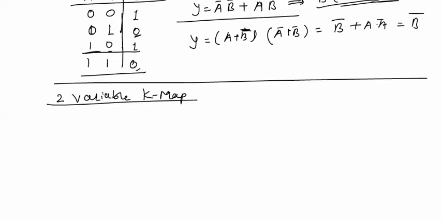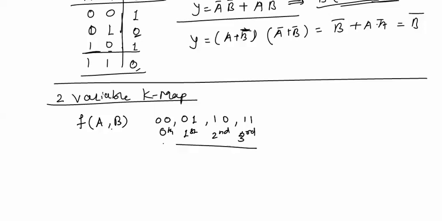In two variable K map, we will take an example of a function which depends on two variables A and B. For this function, A and B will have four combinations 00, 01, 10, 11. This will be the zeroth combination, this will be the first combination, this will be the second combination, and this will be the third combination. For all the combinations we will have different values of F, and these different values will be substituted in a two variable K map.